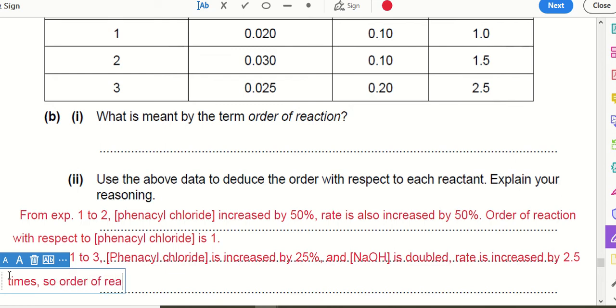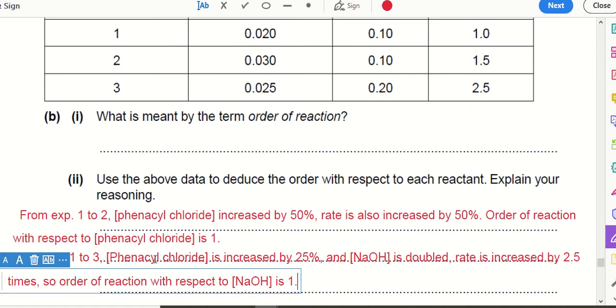So the order of reaction with respect to sodium hydroxide is also 1. Now how do I know it is also 1?